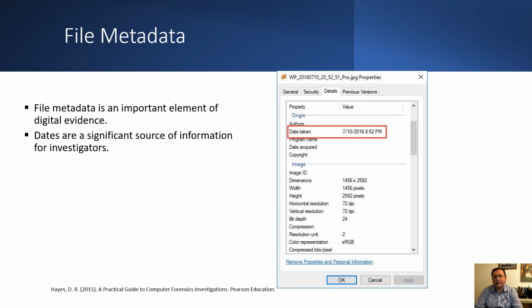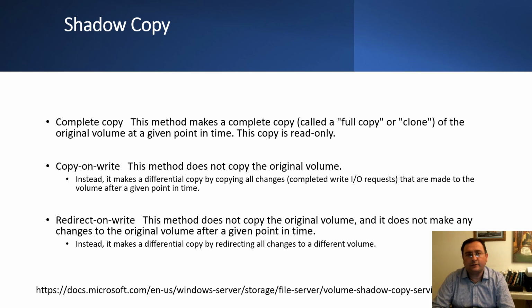File metadata is an important element of the digital evidence investigation, and dates are a significant source of information for investigators. Volume shadow copy is a feature available in Windows 10, 8, and 7 that creates snapshots or shadow copies of disk volumes even when they are in use.